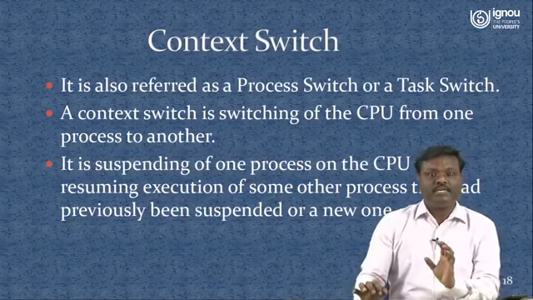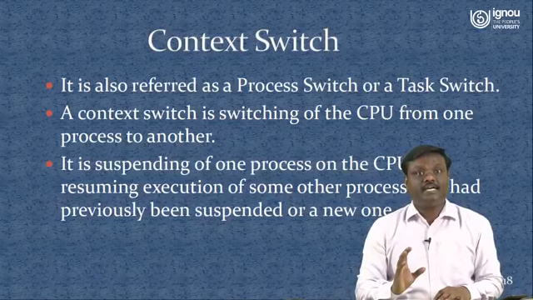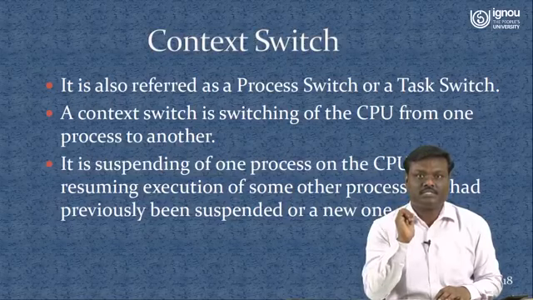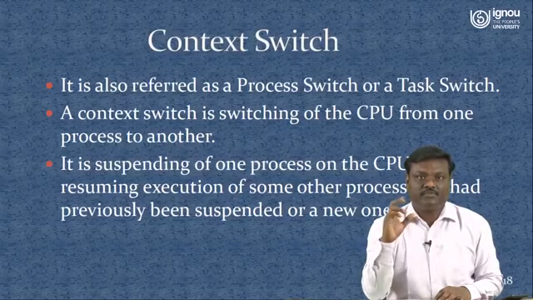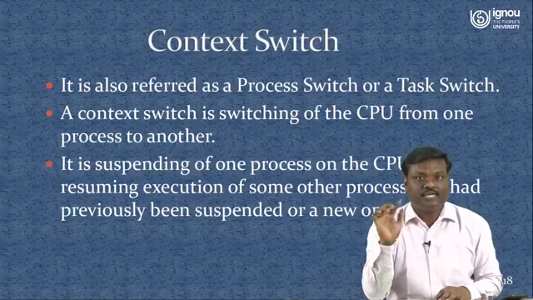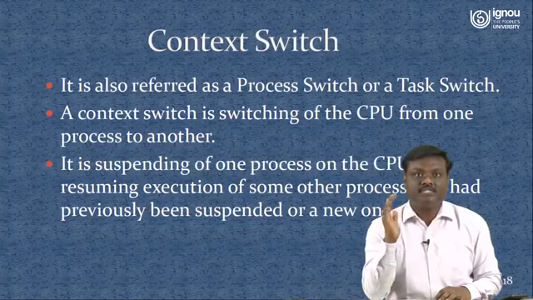So whenever we talk about the context switch, the PCB has a greater role to play. Whenever the processor shifts from one process to the other, suppose P1 is there, P2 is there, P1 till now is CPU bound and an interrupt happened, some event happened, so it has to stay in the IO queue or else some interrupt handler should be executed. So it is suspended.